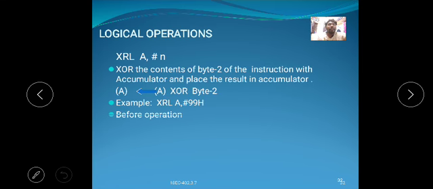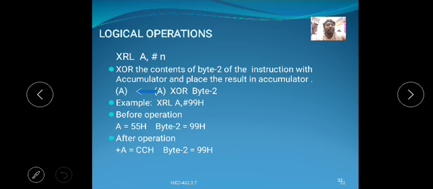XRL A, #n: XOR the content of byte 2 of the instruction with the accumulator and place the result in the accumulator, A XOR byte 2. Example: XRL A, #99H.